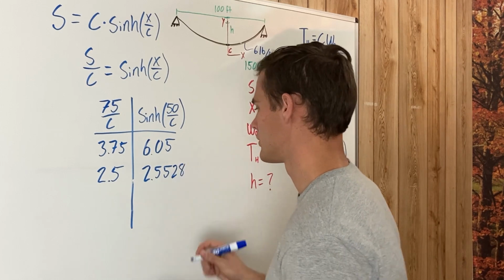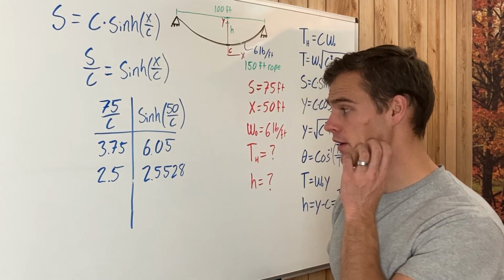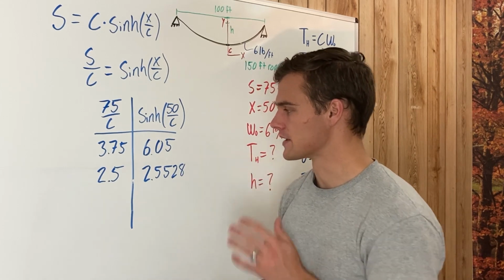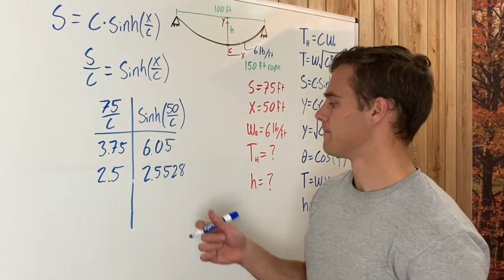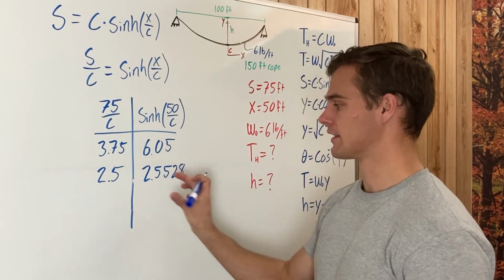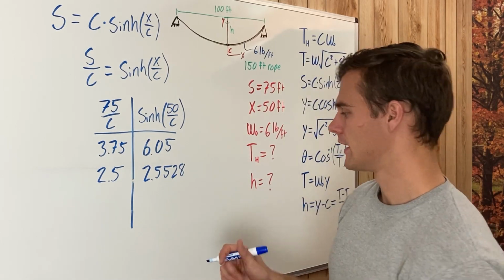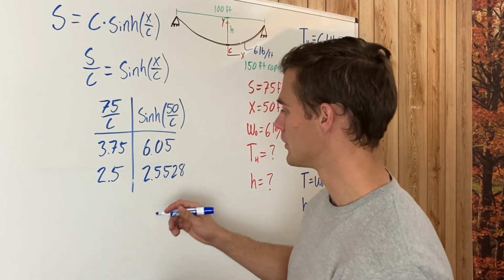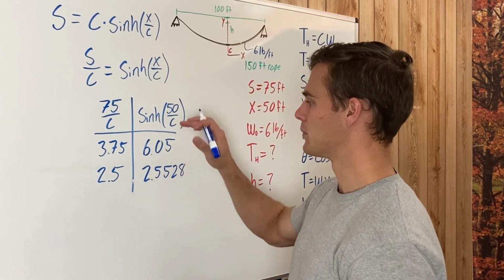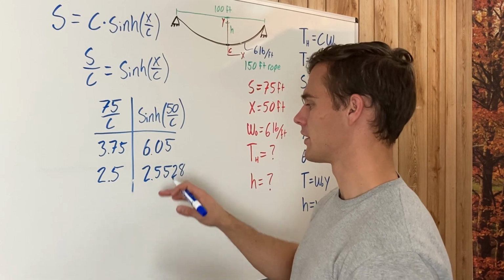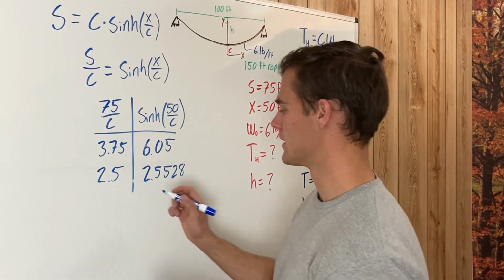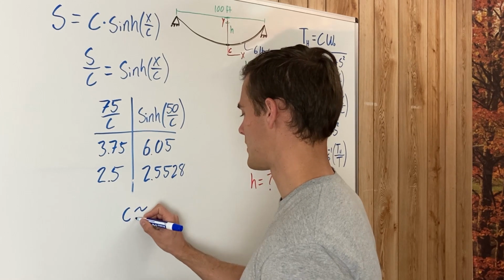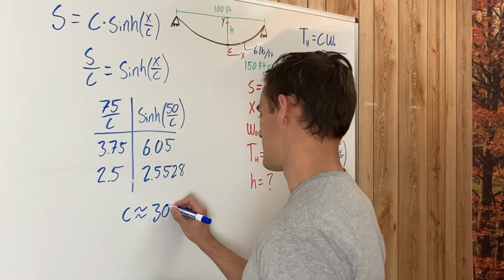I would go to about 4 or 5 decimals being the same in order to say that was C. The more decimals that you get to match, the closer it is. We're not going to go all the way with that in this video, but you just keep plugging in values for C until you get these to be the same. And so I get that C is about 30.8.